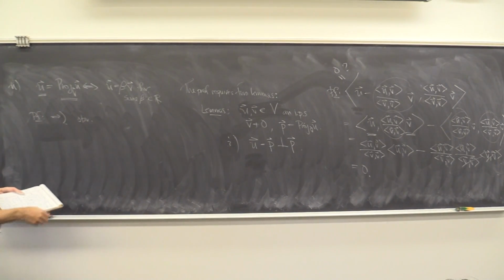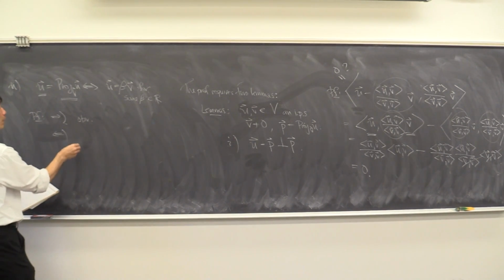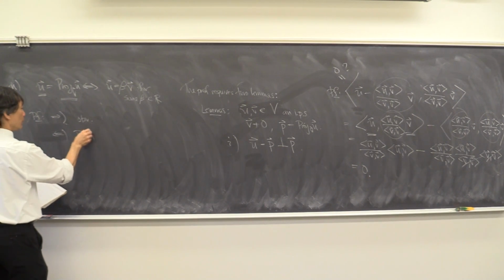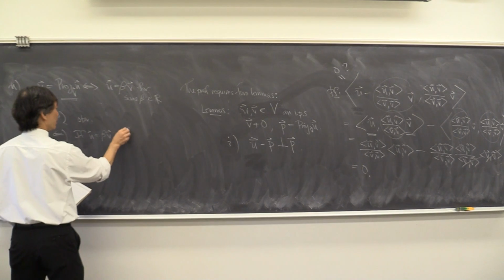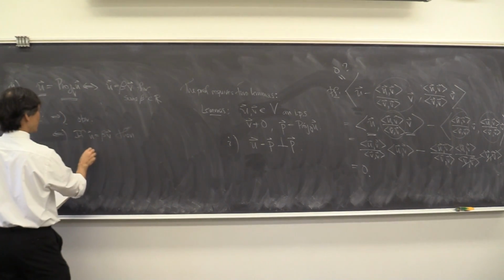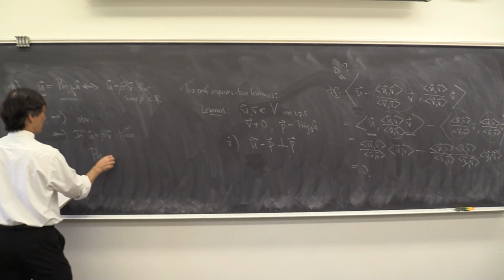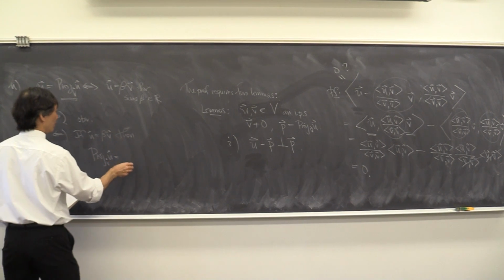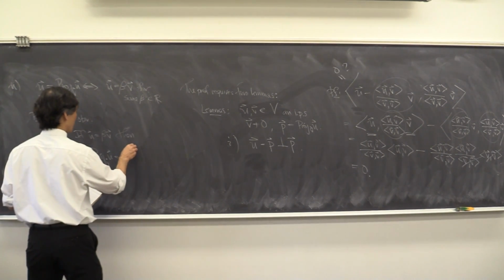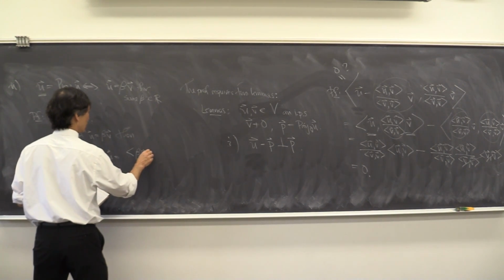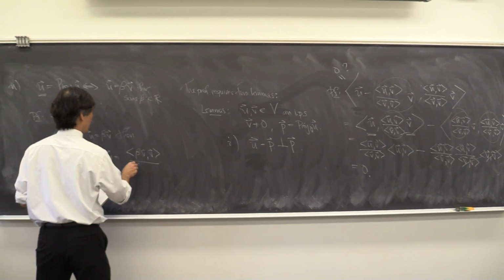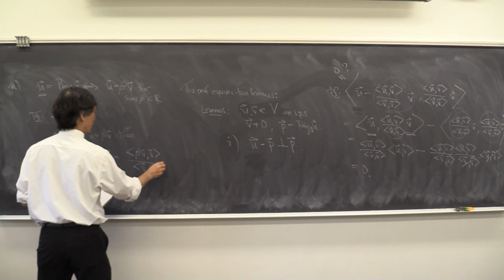Going backwards, if u equals some multiple of v, then when we look at the projection of u onto v, we're going to get u against v, v against v, v.